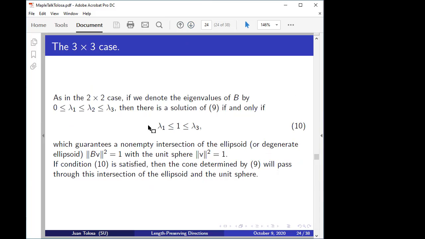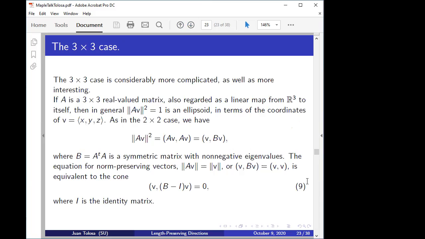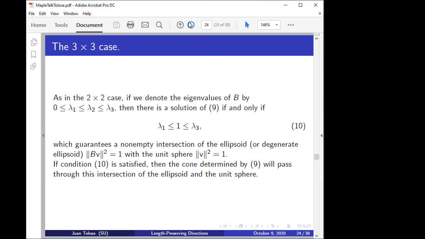Now, this equation is an ellipsoid in general, and the corresponding equation equated to 0, what I call here equation 9, is a cone, right?